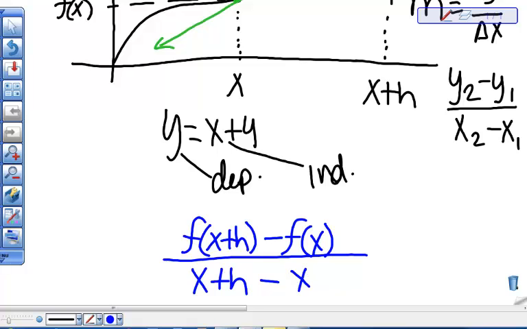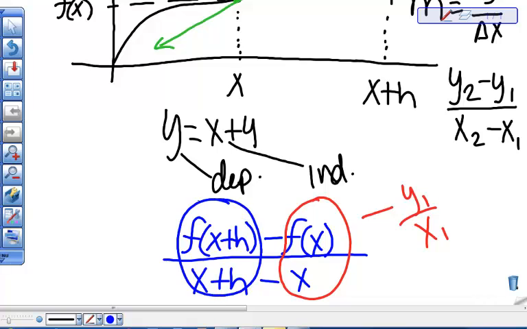As you can see here, this part right here can be identified as y1 and x1. And over here is my y2 over x2.